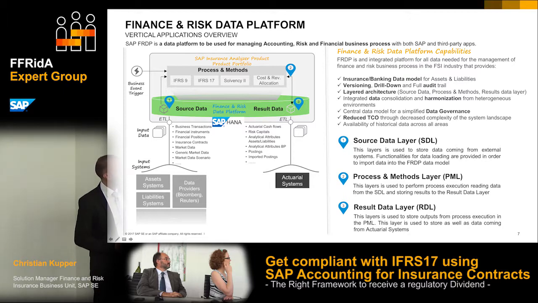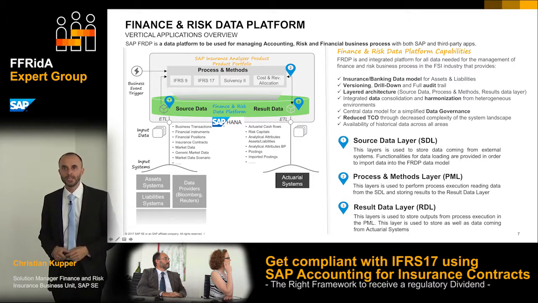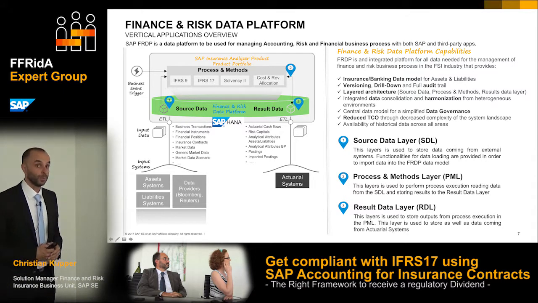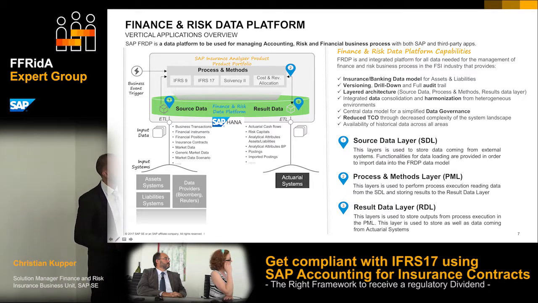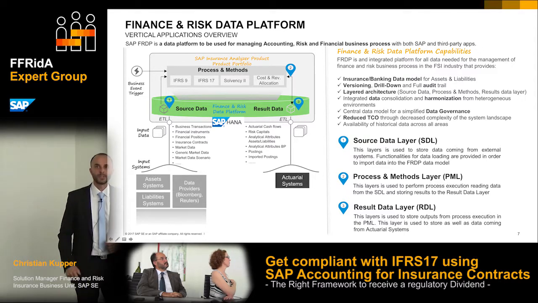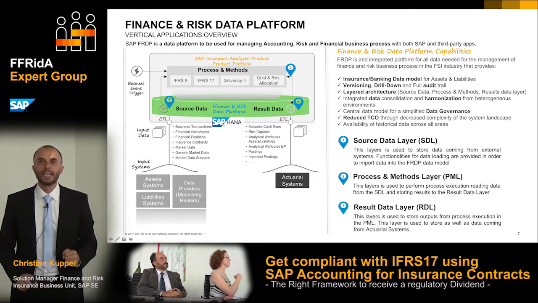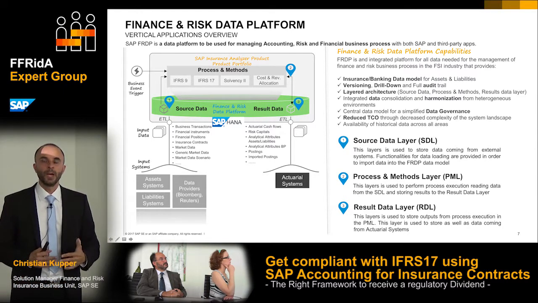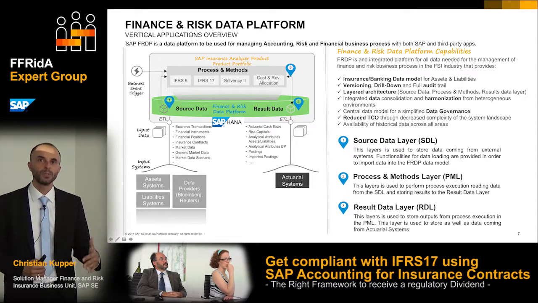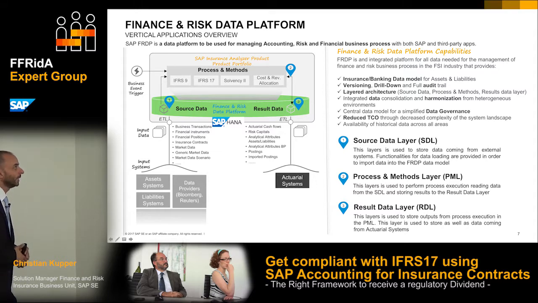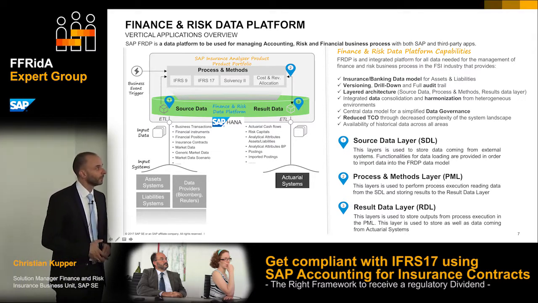So here we would feed everything we need to the green layer, the so-called source data layer, where we store all the input data. Everything gets a timestamp: insurance contracts, financial positions, financial instruments, market data, interest rate curves, and so on. Along the versioning concept, if something is changed, it creates a new version, so you always can go back in time in this green layer.